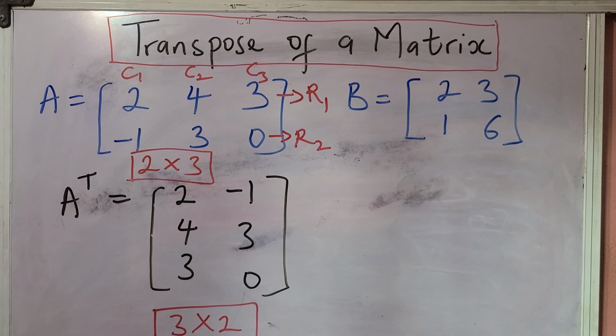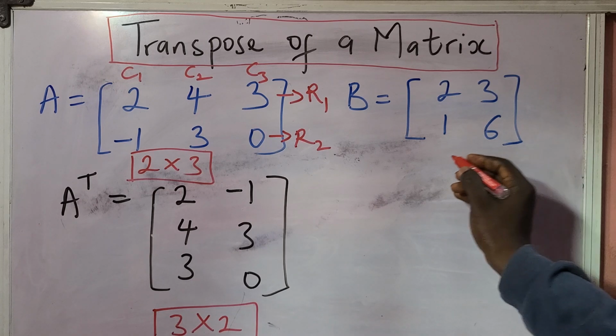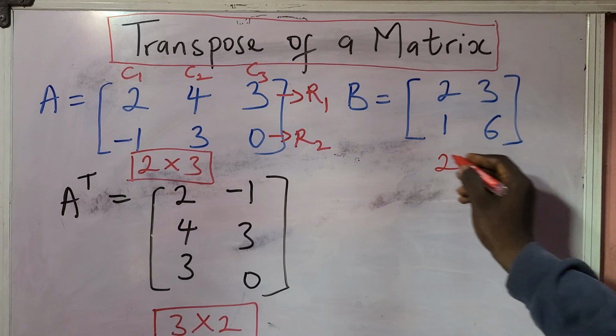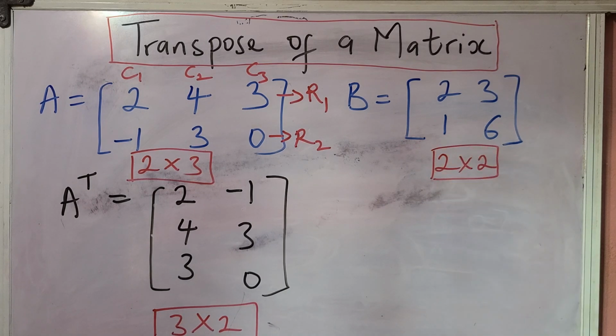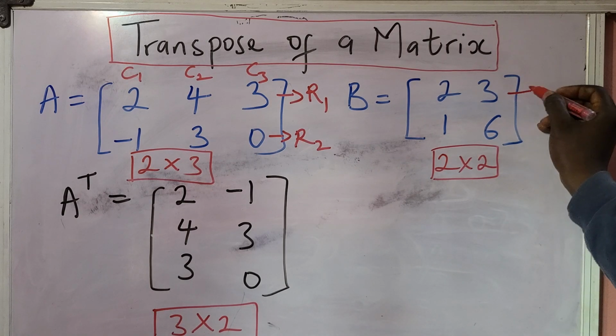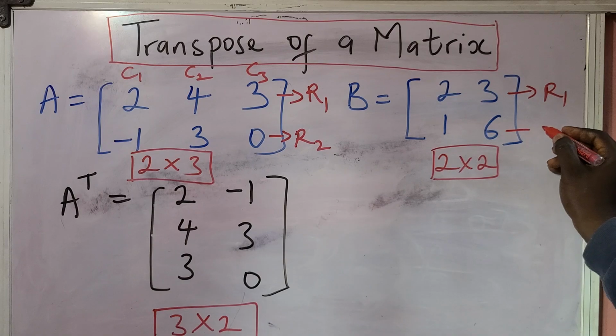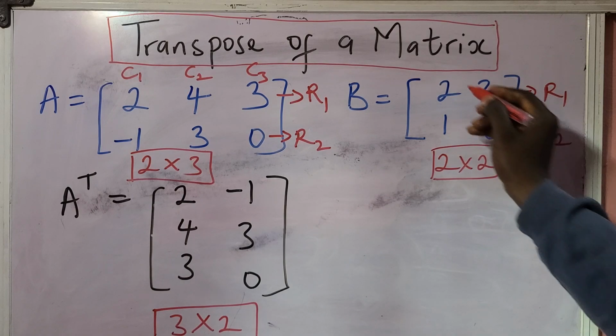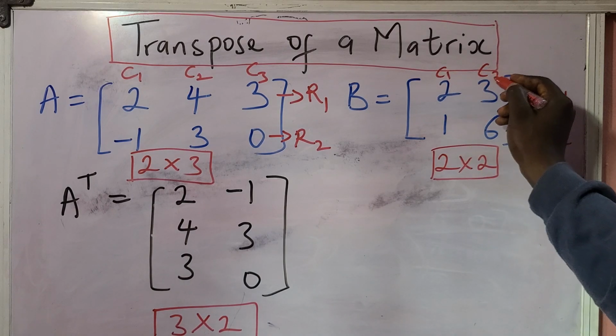Now look at matrix B. Matrix B, we have an order of 2 by 2 matrix. Following the same procedure, of course, we can recognize this as row 1 and this as row 2. And this is column 1 and this is column 2.